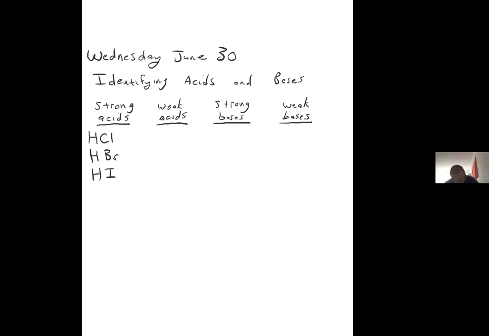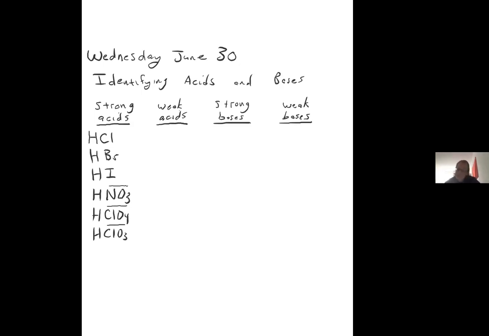Now there's also strong acids that have polyatomic ions. So there's HNO3. Nitrate is NO3 minus, that's the polyatomic ion. There's HClO4, and then there's HClO3. So there's 3 polyatomic ions, the nitrate ion, the perchlorate ion, and the chlorate ion. Those last 2 are not real common.